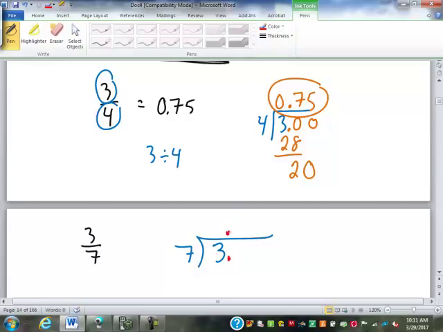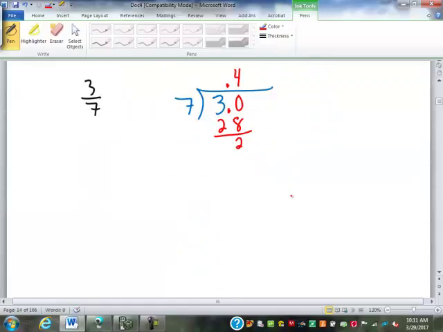So we add our decimal point, we bring it up, then we can add a 0. 7 goes into 30 4 times. 7 times 4 is 28. That's 2. Now what? Add a 0 and we bring it down. 7 goes into 20 twice. That's 14. There's 6 left over.